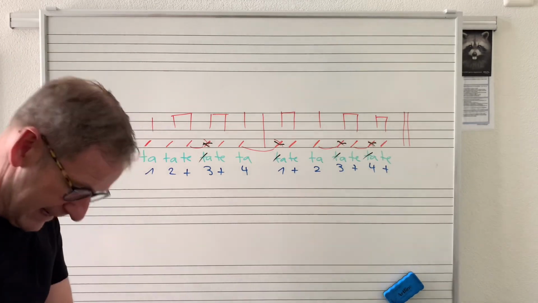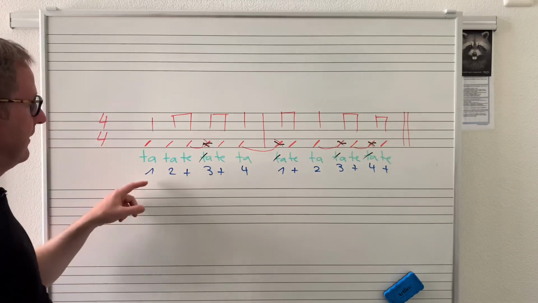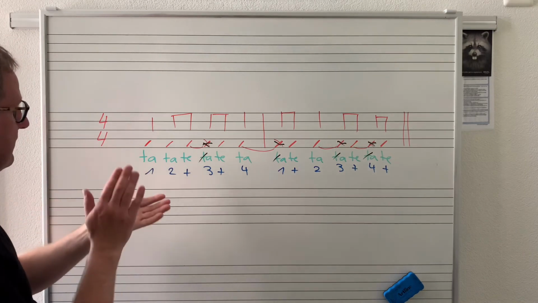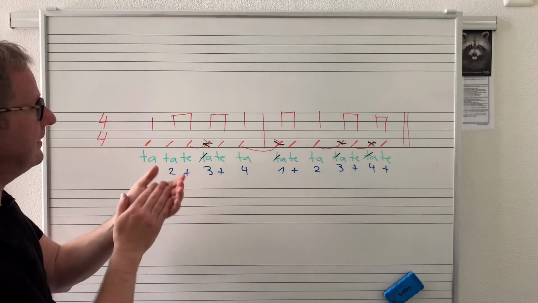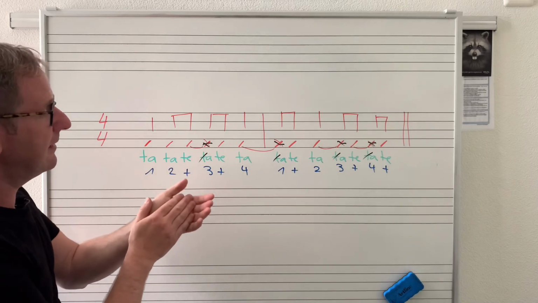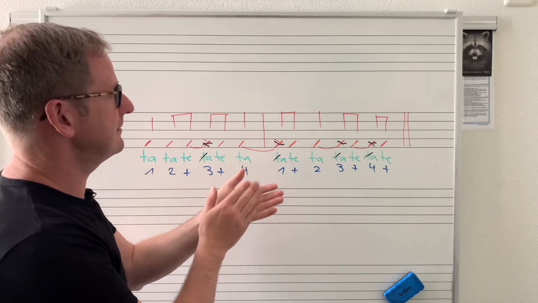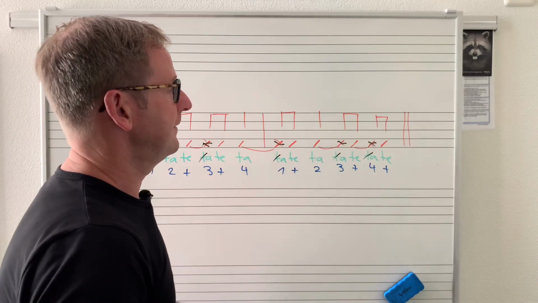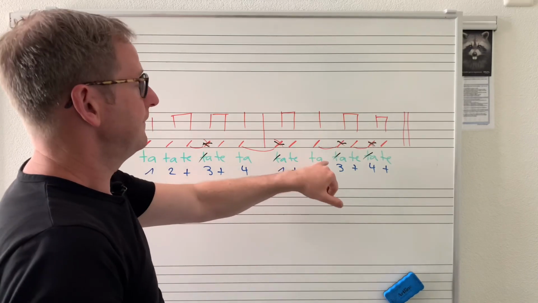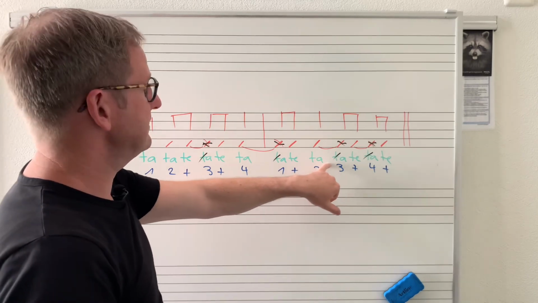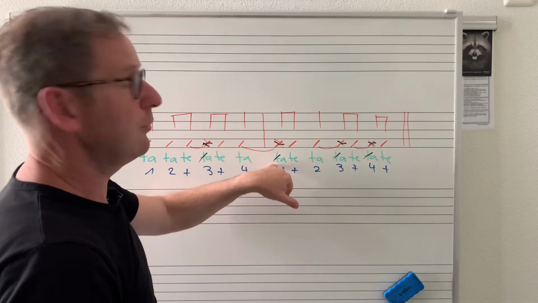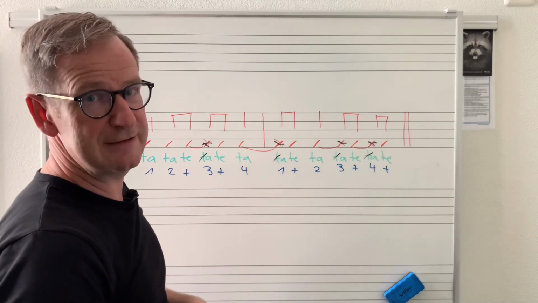And when I clap my hands, I'm using this language: ta, ta, te, a, te, ta, a, te, ta, a, te, a, te. So you only clap your hands if there is a t, and if there is no t, you do not clap your hands.